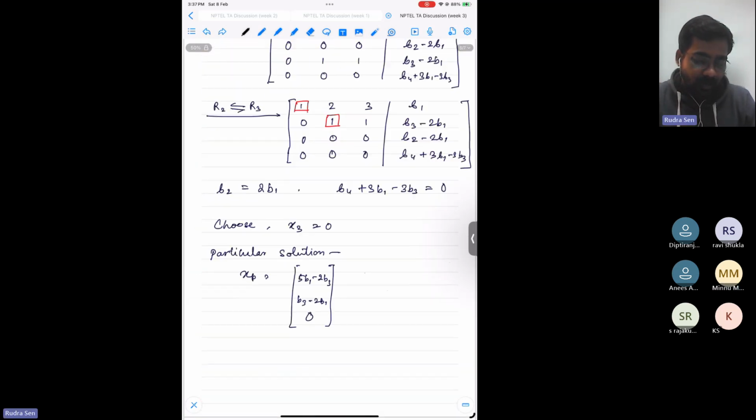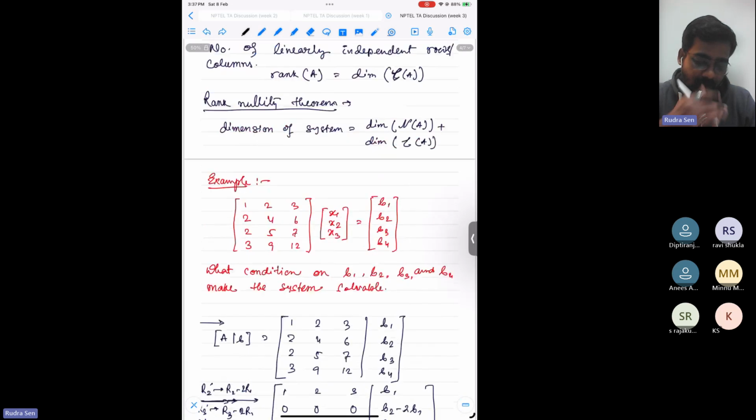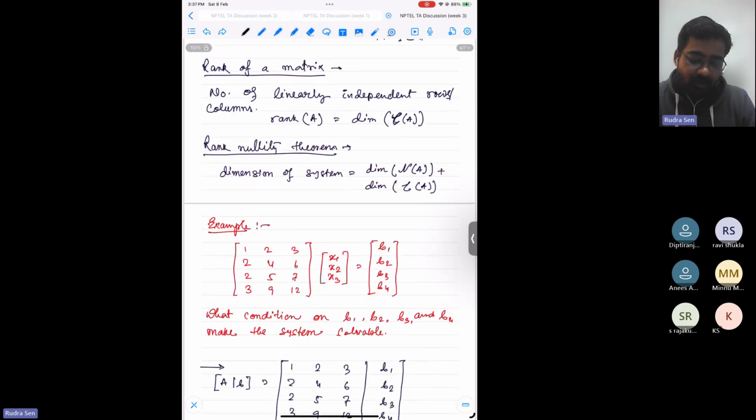So now I come to the rank-nullity theorem. The dimension of the system is the dimension of the null space plus the dimension of the column space.